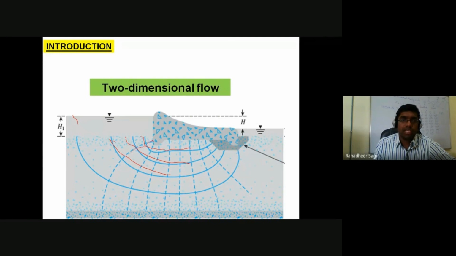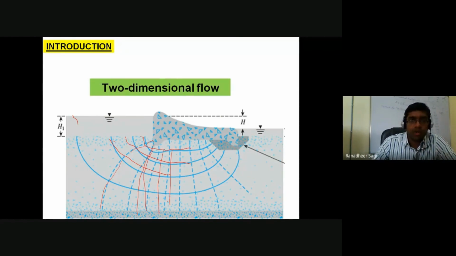Similarly, these dotted lines whatever you could see here are another set of lines. So now you have two different sets of lines which are represented in this particular representation. This representation of two systems of lines is what we call a flow net diagram.